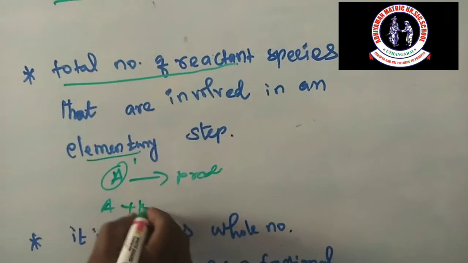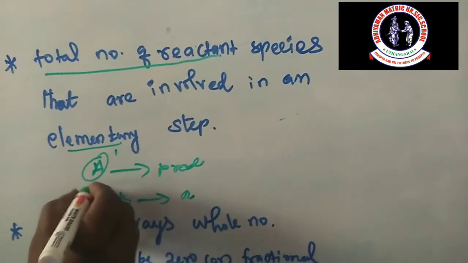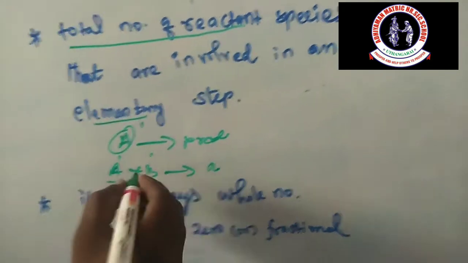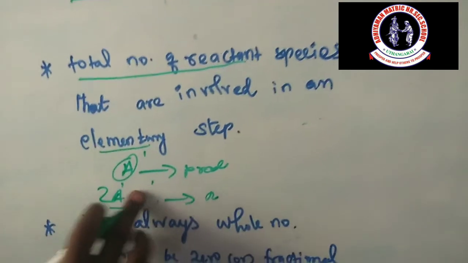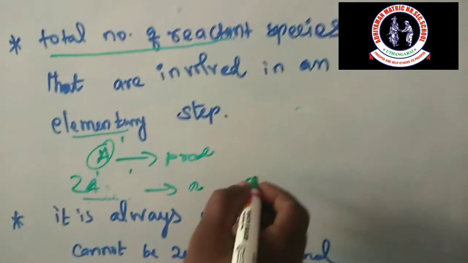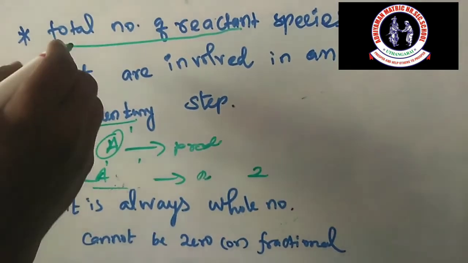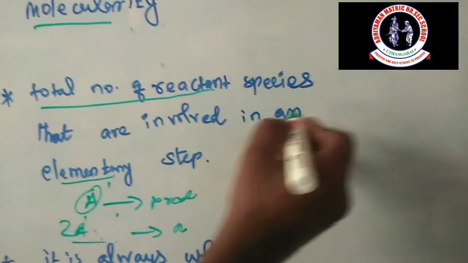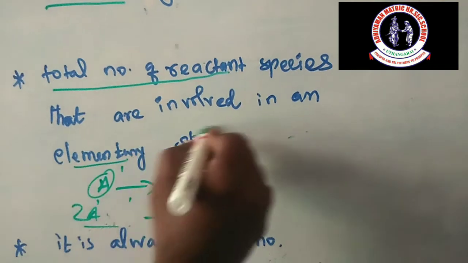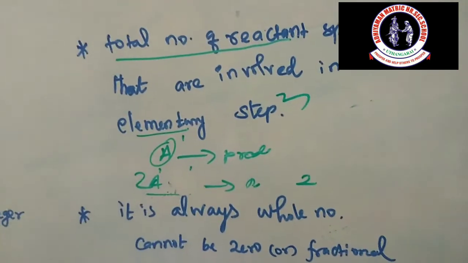A plus B gives product means 1 plus 1, 2 molecules are involved. 2A also has molecularity 2.